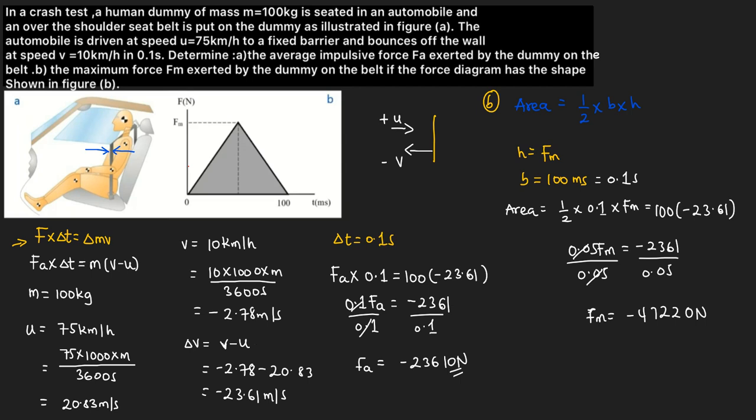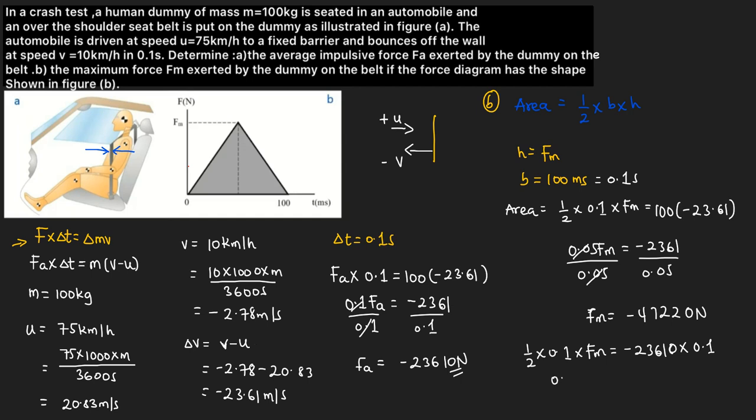Let's try and then use the force times the change in time also to do it. So you're going to have the area, which is half times 0.1 times Fm, and this should be equal to the average impulsive force, which is minus 23610, times the change in time, which is 0.1, right?